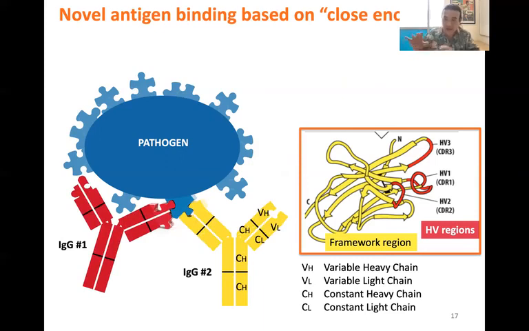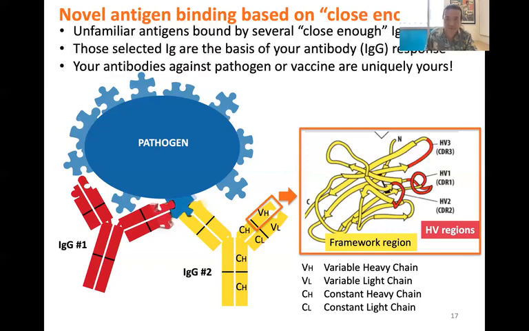In this case, you have two B cells, one that makes the red one and one that makes the yellow one. They are among hundreds of millions of B cells produced by your body today. But it just so happens that these two have close enough fit to actually work and be able to detect this pathogen. And so again, just as a reminder, the hypervariable region is this region here with those three different amino acid sequences in the loops.